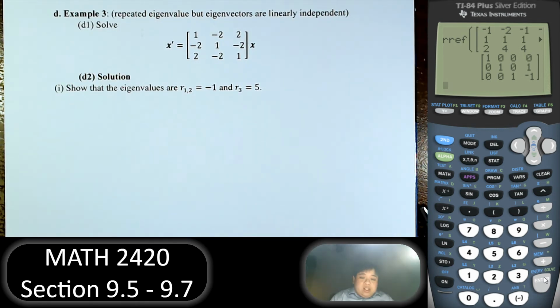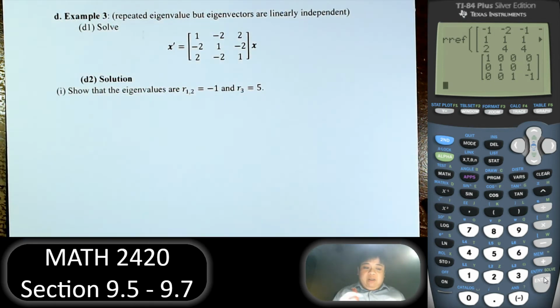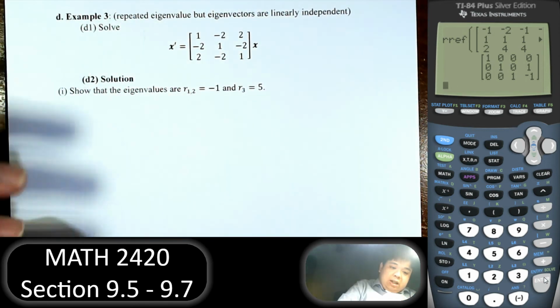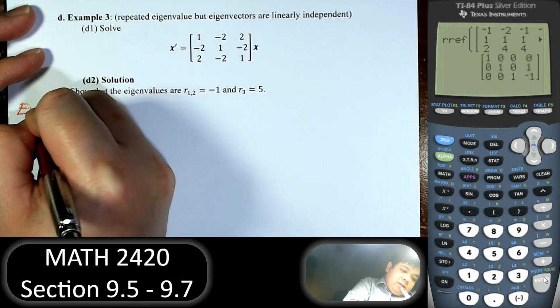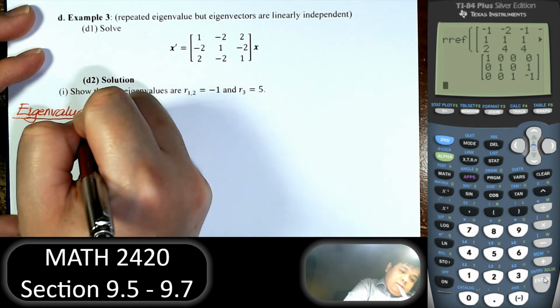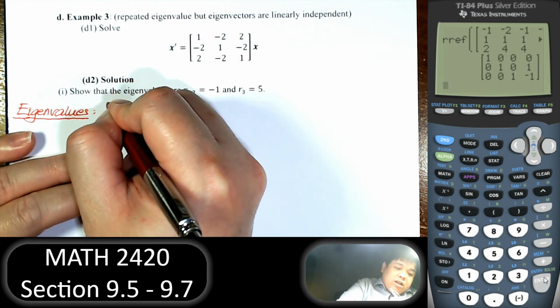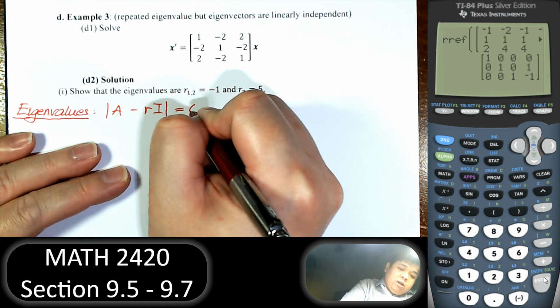Next, we have a more interesting problem. In this case, we have repeated eigenvalues, but the eigenvectors are linearly independent. Because when we solve for the eigenvalues, we might have repeated roots. Right, so for the eigenvalues, the equation is the determinant of A minus rI equal to 0.